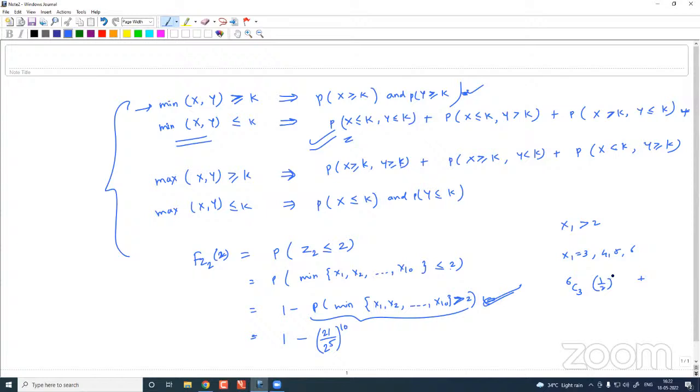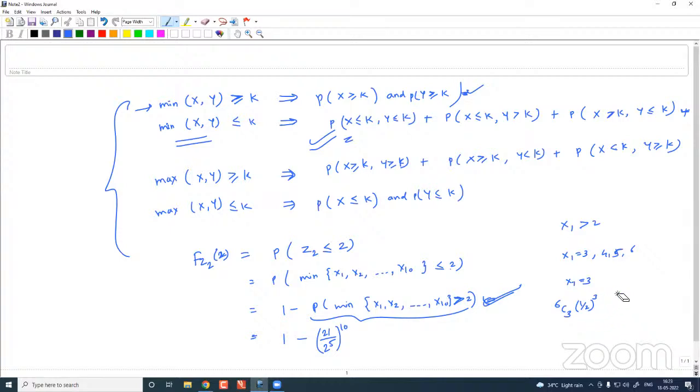Sir, can you please write the step? Yeah, I'm writing it. So x1 takes the values 3, 4, 5, and 6. For x1 equals 3, this is a binomial distribution, so it should be 6c3, p to the power 3, where p is 1 by 2, and (1 minus 1/2) to the power n minus k, so 6 minus 3 is 3. This is 1 by 2 to the power 6 for x1 equal to 3.